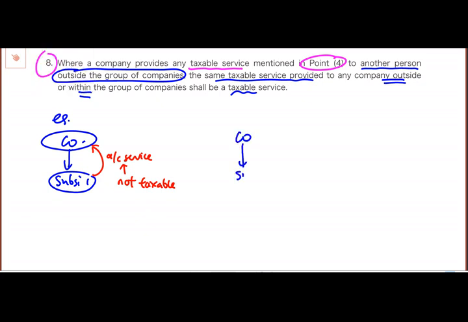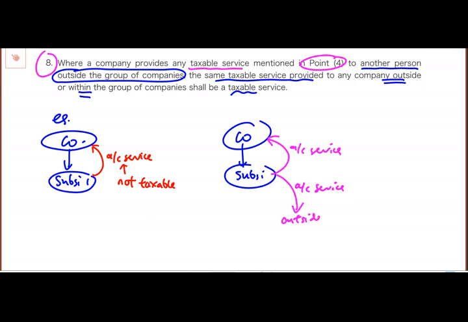But now you have a sub-C that offers accounting service to outsiders as well as to your own people. Of course, this will impose 6% and this will also impose 6%. That's what it means. So if you serve people outside, then everything is taxable. The only way to enjoy the exemption is you must be in the group and you don't serve people outside.